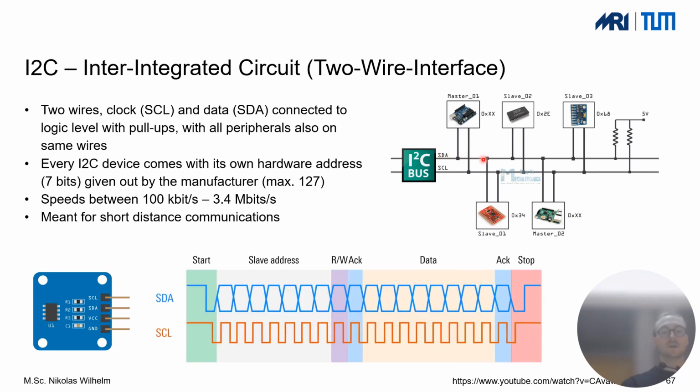So it will send on that data line to all of the slaves: this is the address I want to communicate to, and I want to, for example, read or write on that address. Classical way, reading sensors, we want to read. Then this sensor has received its address and knows, okay, I want to read or write, so it will acknowledge that process. Then the actual slave, so the sensor, will send its data. And once it's done, the master will send its acknowledgement.